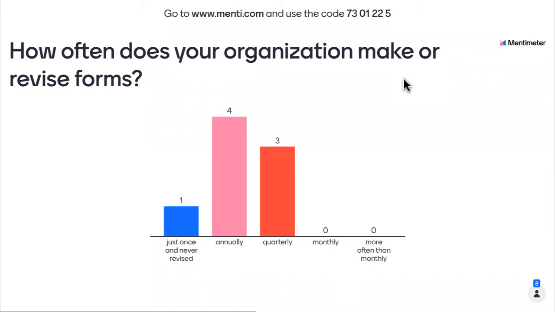I envy that person who just put once and never revised. All right, so quarterly and annually are the main ones. Fortunately, nobody has to deal with more than monthly. Give folks another second on this one.